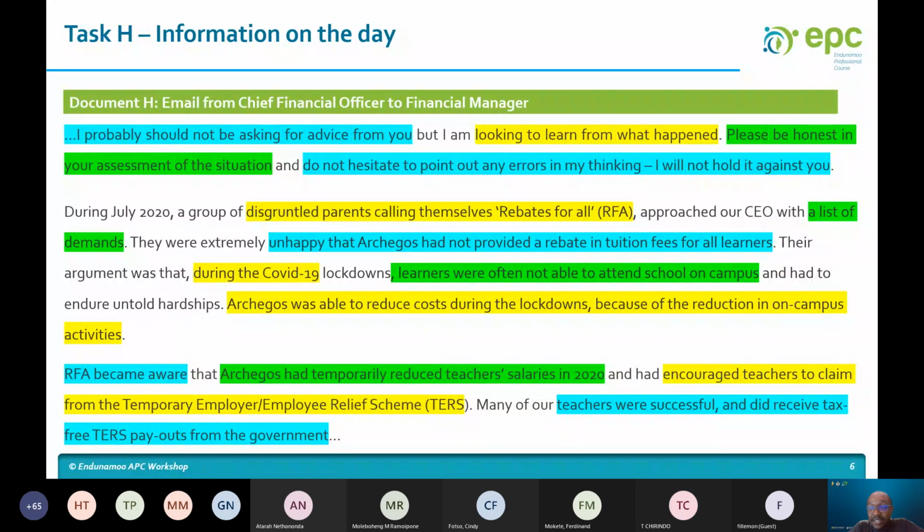But what we need to think about as well is that many people zoned in and thought about the stakeholders being the parents only. Those are not the only stakeholders, right? You also need to think about the other stakeholders who've got different interests. There are many key stakeholders in play.